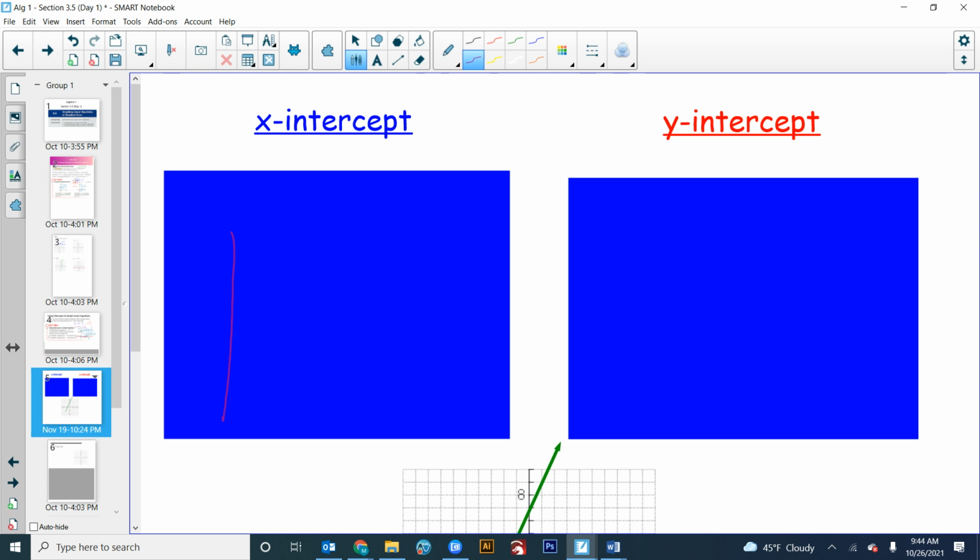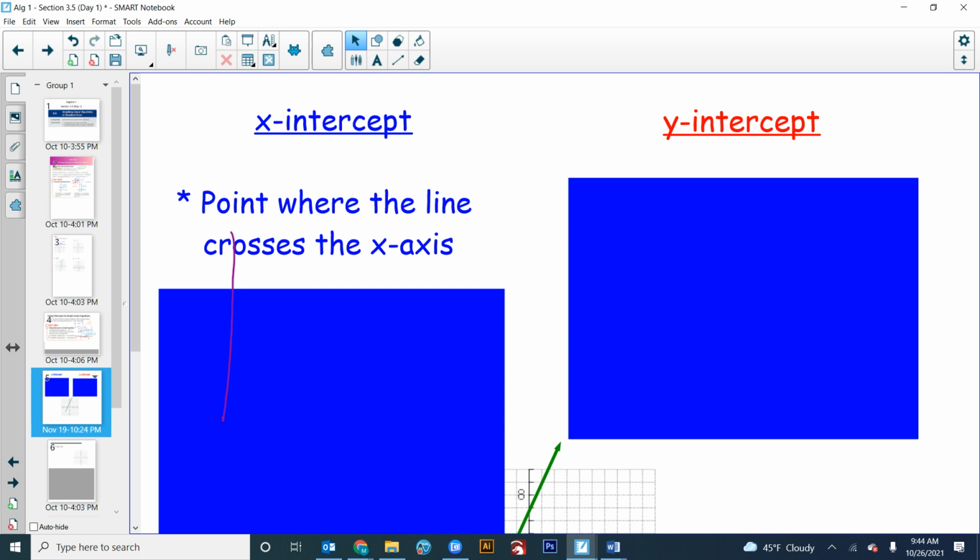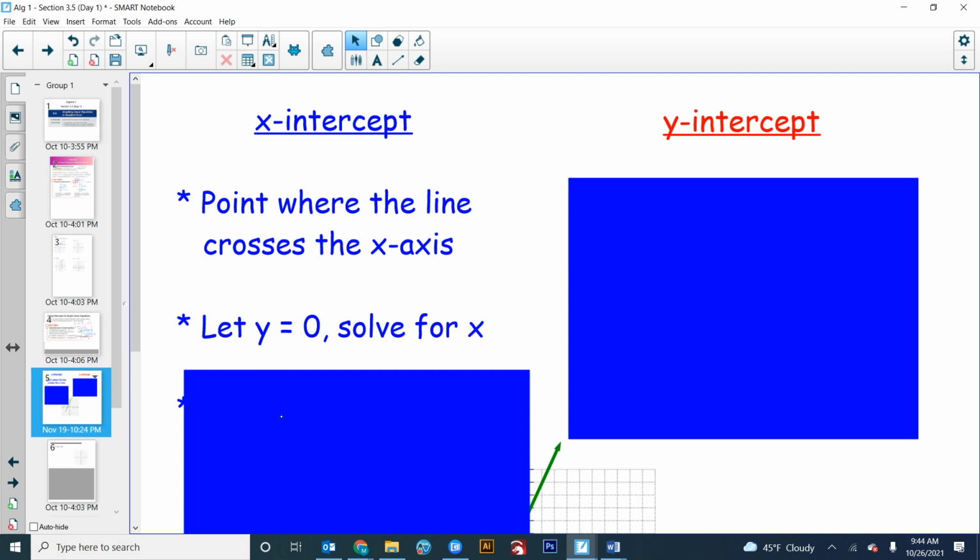X-intercept. Do you guys have this in your notes? It's the point where the line crosses the x-axis. We know we're going to let y be 0. Write that down.